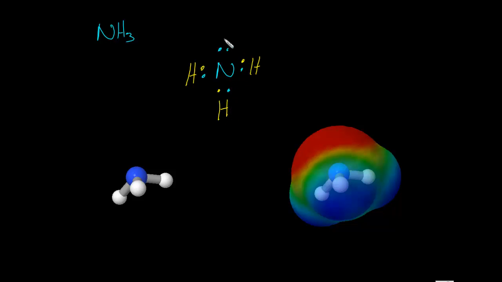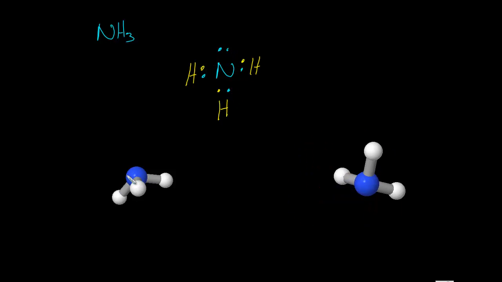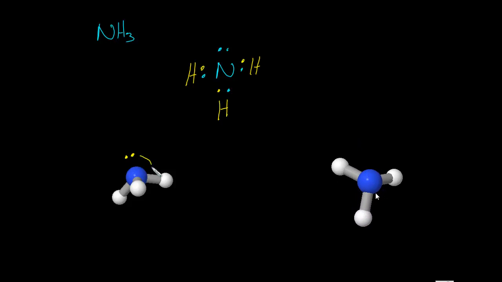Again, we have 4 pairs of electrons around the central atom, 3 that are in bonds, and 1 unpaired. So that unpaired pair is going to push those 3 hydrogens down, and you can kind of see it in this molecule here, because those pairs of electrons are sitting here driving each one of these bonds downward. And so it's not sitting planar, but it's kind of standing up. That nitrogen's kind of up in the air.